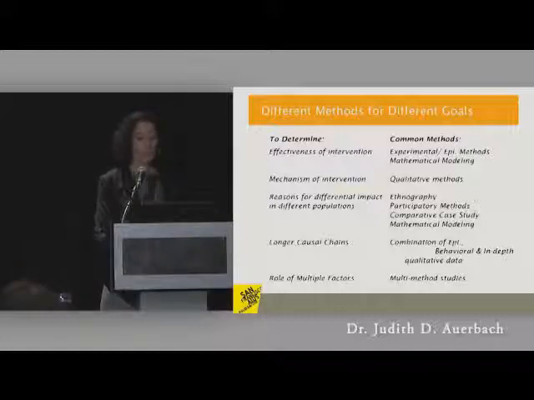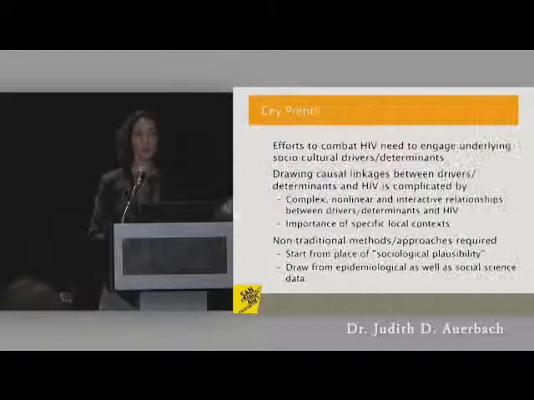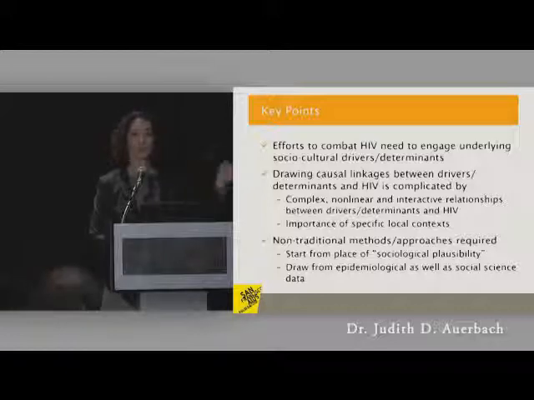So the key points here from this trajectory, from the conceptualization, operationalization, the methods, and ultimately evaluation of social level approaches and responses, is that we have to engage these underlying factors if we're going to combat HIV. We have to accept that it's complex to try to draw and to be able to draw causal linkages between social drivers and determinants and HIV.